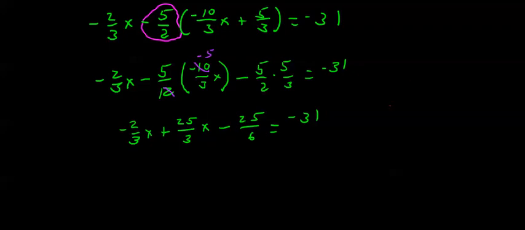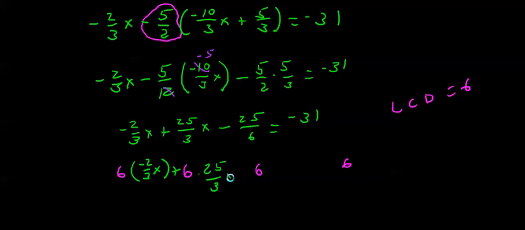Least common denominator equals 6. So I have 6, 6, 6, 6. 6 times negative 2/3 x plus 6 times 25/3 x minus 6 times 25/6 equals 6 times negative 31.